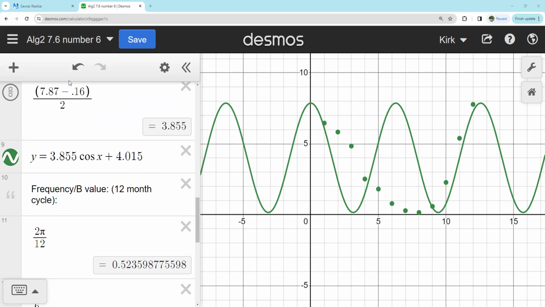And so then if we go to look for the frequency, how often does it complete a cycle? Our normal period's 2 pi. This data is yearly, so we're going to complete a cycle in 12 months, because the whole year starts over.